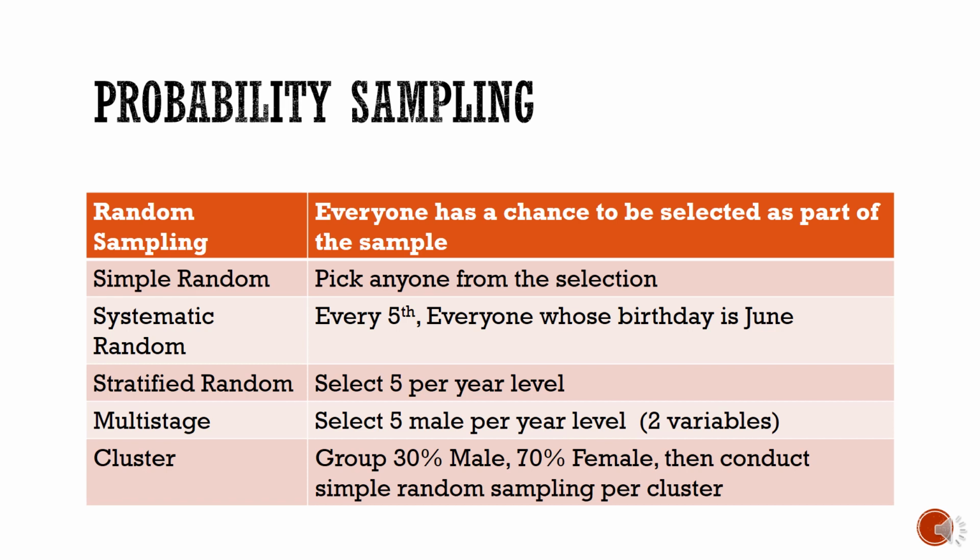They have to be male and they have to be 5 per level. For cluster, I have to group them. Okay. For example, in a class of 42, I want to get 30% of that number who are male and then 70% who are female. And then afterwards, I will just select from the 30% and that 70%.